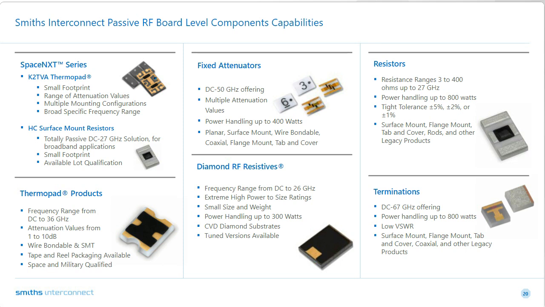We do offer a range of products, usually from 1 to 20 dB. Depending on the product series and the popularity of that, maybe all values aren't available, but depending on the application, we have a design crew in-house that can quickly turn products with different attenuation values.